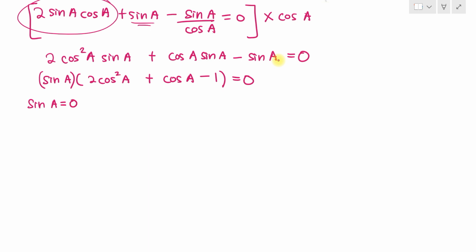Sin A equals to 0. Then we change to sin alpha first. Sin alpha equals to 0. Acute reference angle, so alpha is equal to shift sin 0. You will get alpha equal to 0 degree, or 0 radian.